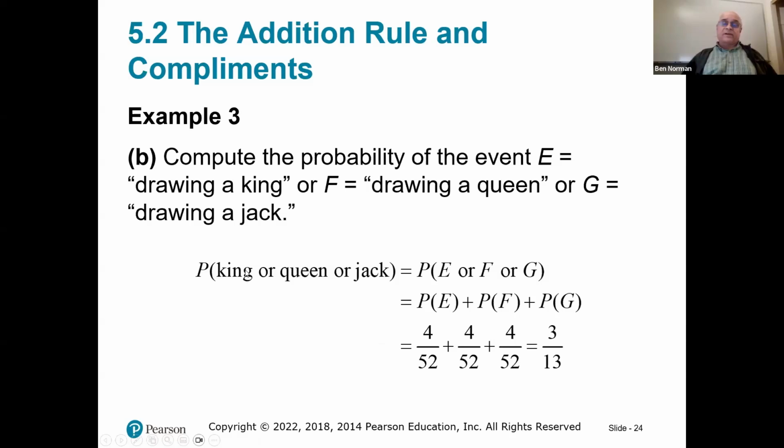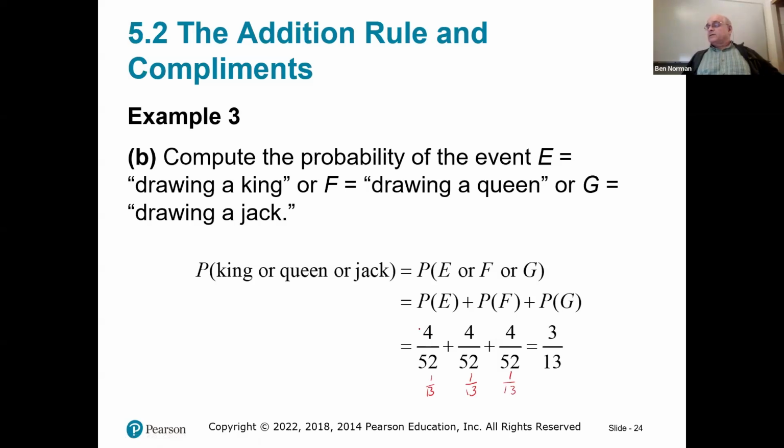We can use the addition rule for disjointed events extended to two or more disjointed events. So the probability of a king or queen or jack, that's the probability of E or F or G, which breaks up into the probability of E plus probability of F plus probability of G. 4/52 plus 4/52 plus 4/52, which becomes 3/13.